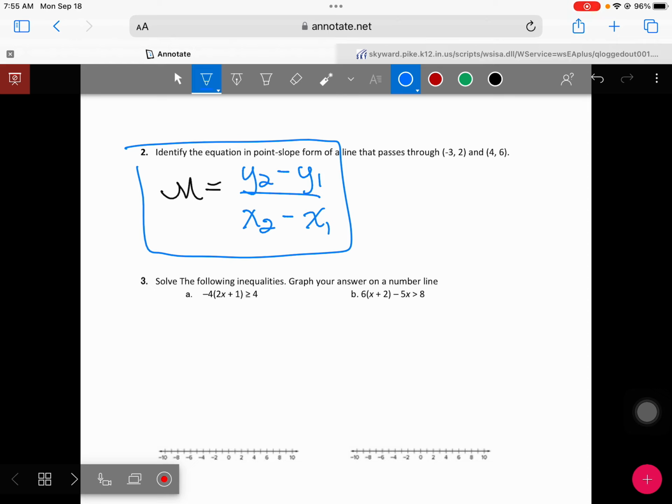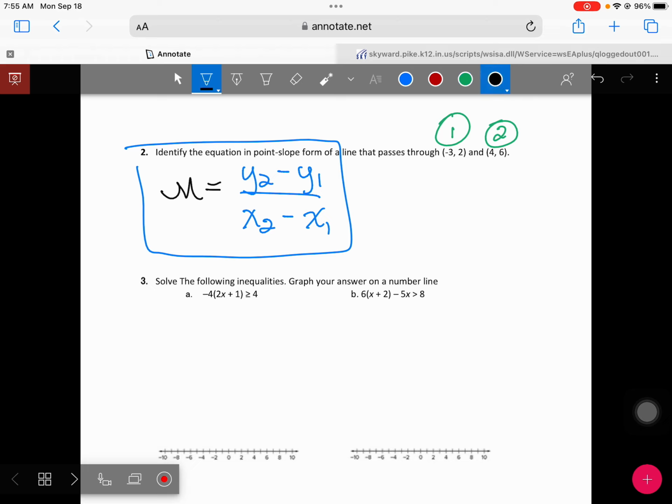The change in y comes on the numerator, or think rise over run. Now, you need to decide which point you want to be 1 and which point you want to be 2, and then be consistent.